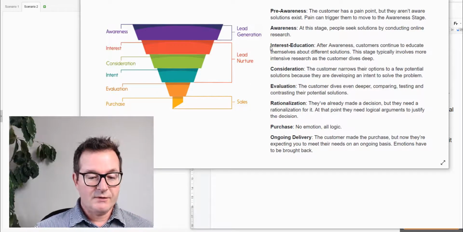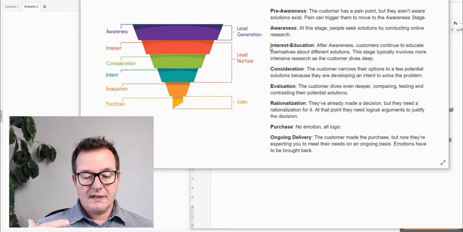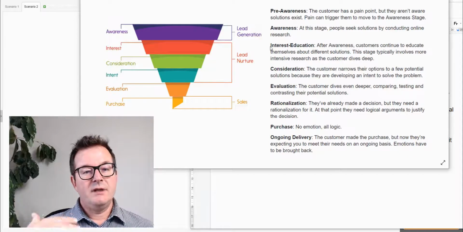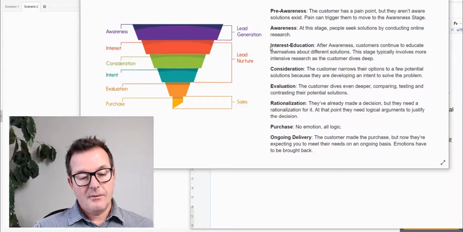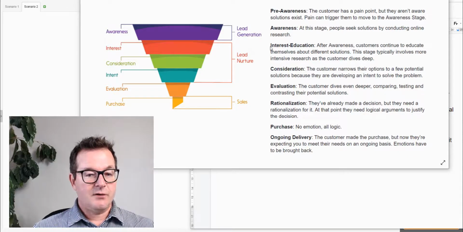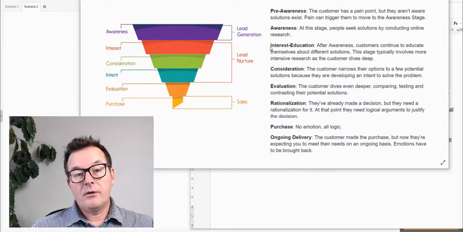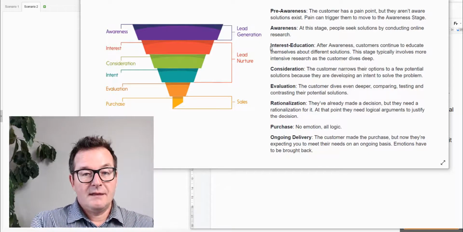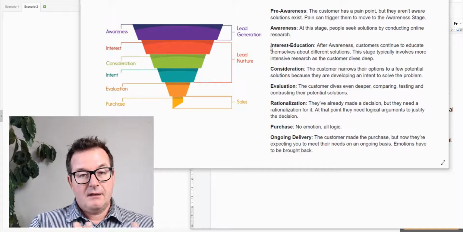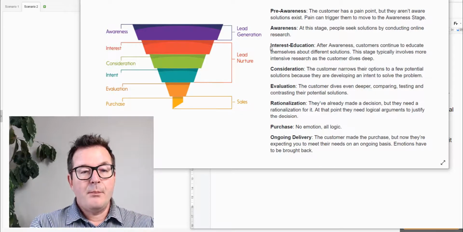Okay, the person knows that there's a problem, then we give them some information, some education, that way the person will cultivate their mind with this solution and will better understand that problem.